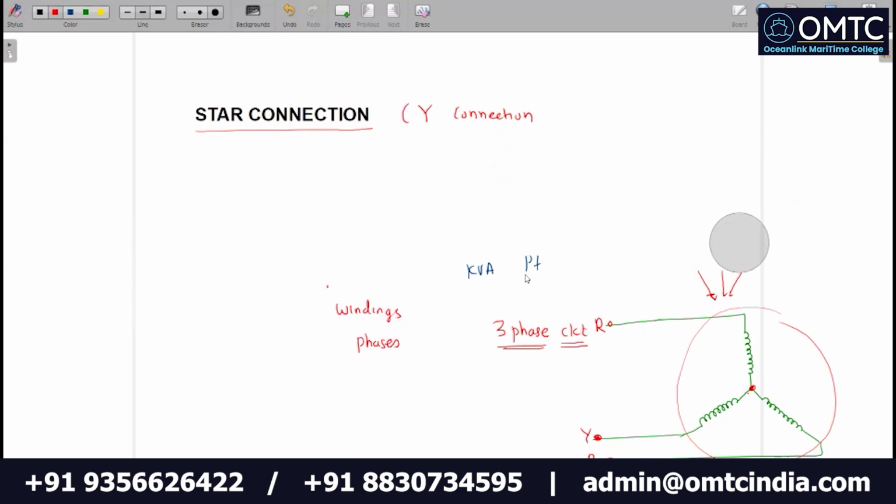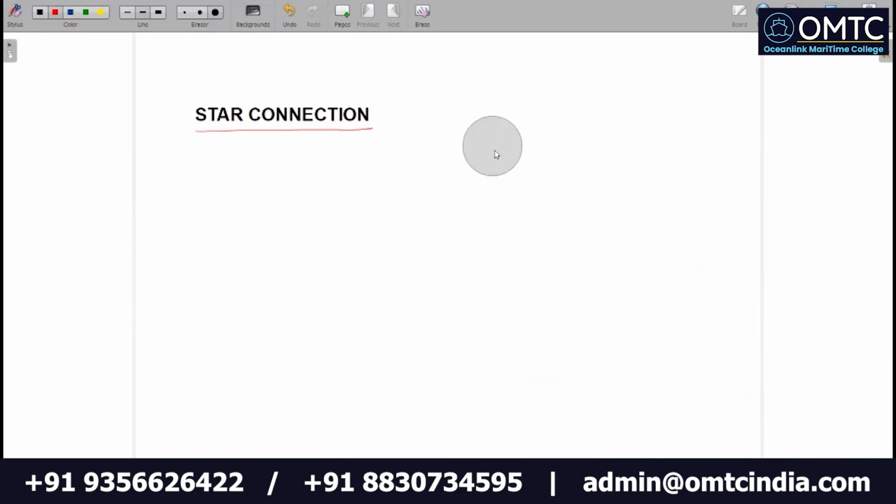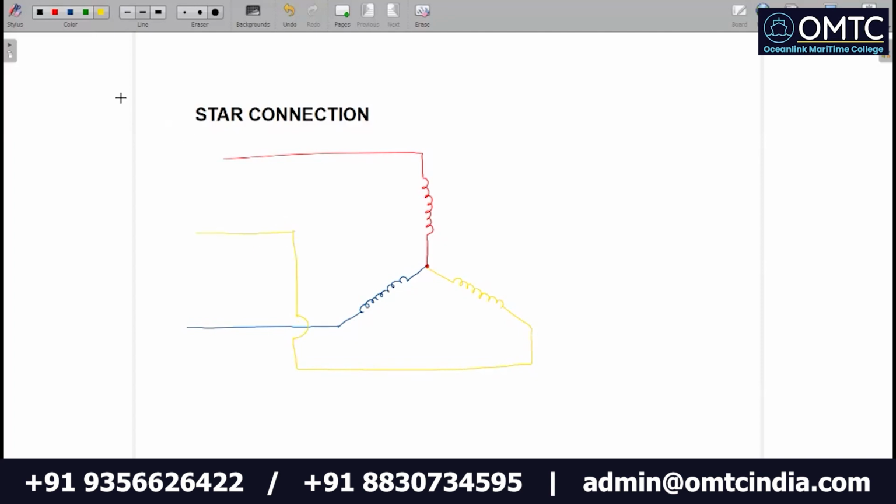Okay, now in the star connected three phase load, let us understand the quantities here. Let us say this is a red phase, this is yellow phase, this is blue phase, and it is connected to, let us give the name R, it is connected to source and give the name RYB.